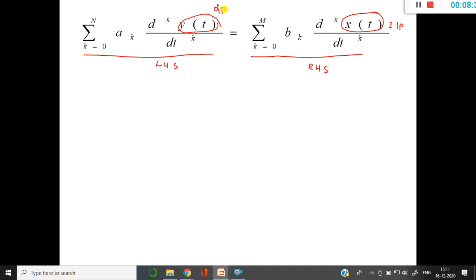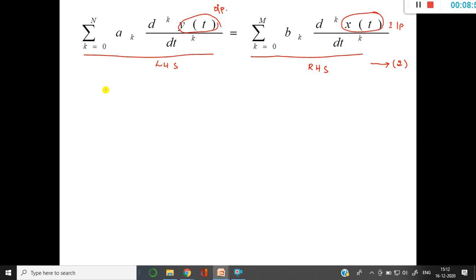Now how do we write these differential equations in the form of a difference equation? I'll call this equation number 2. Equation 1 was already represented in the previous slide.